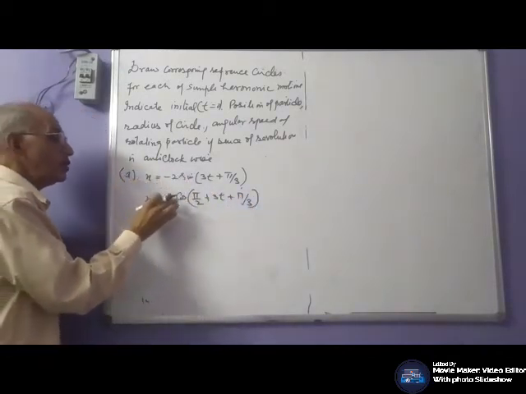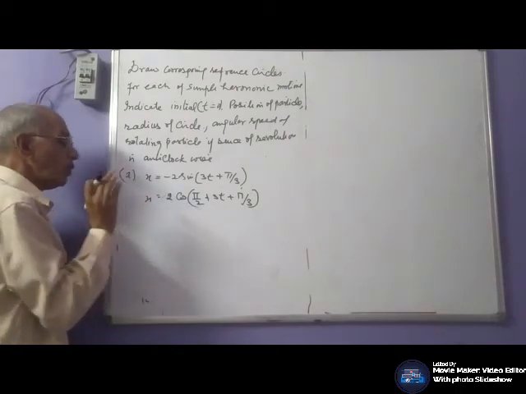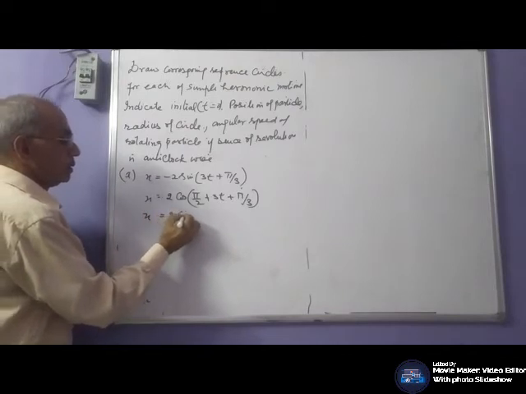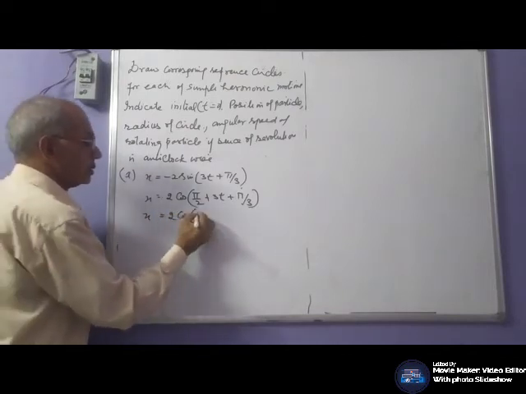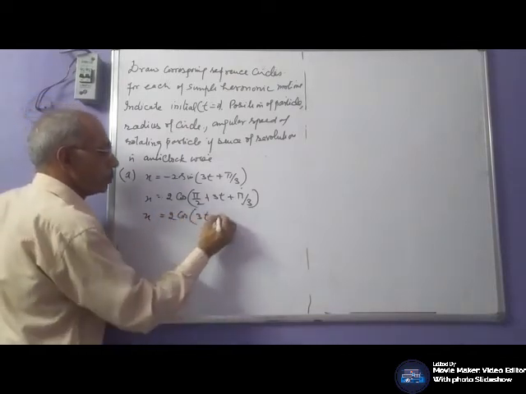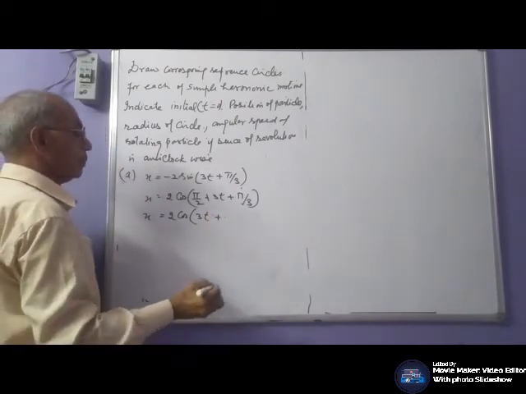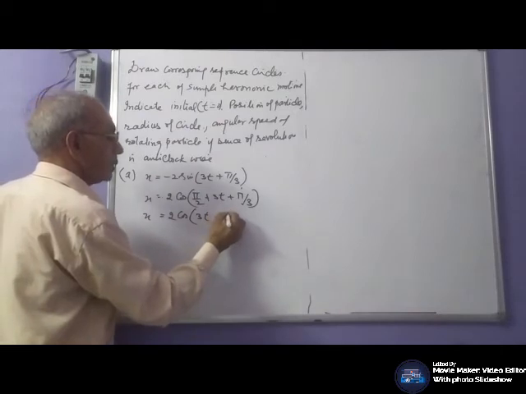x है, we have to take equation in terms of cos. So x equals 2 cos, 3t plus pi by 2 plus pi by 3.